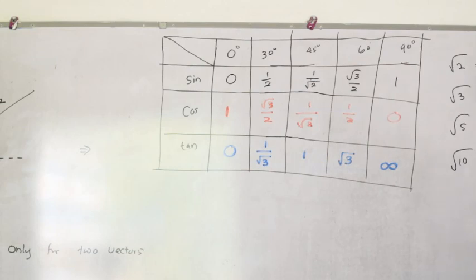So root 2 will be 1.41. Root 3 will be 1.73. At least you can remember up to 2 decimal places. It's better to remember up to at least 2 decimal places. And root 5 will be 2.24.